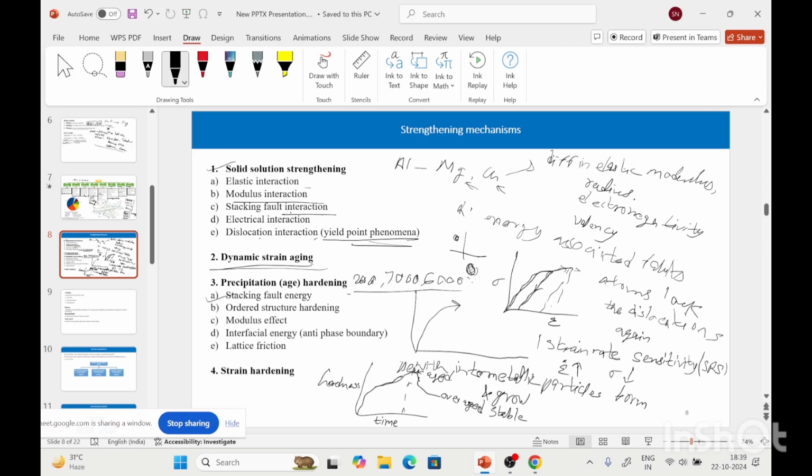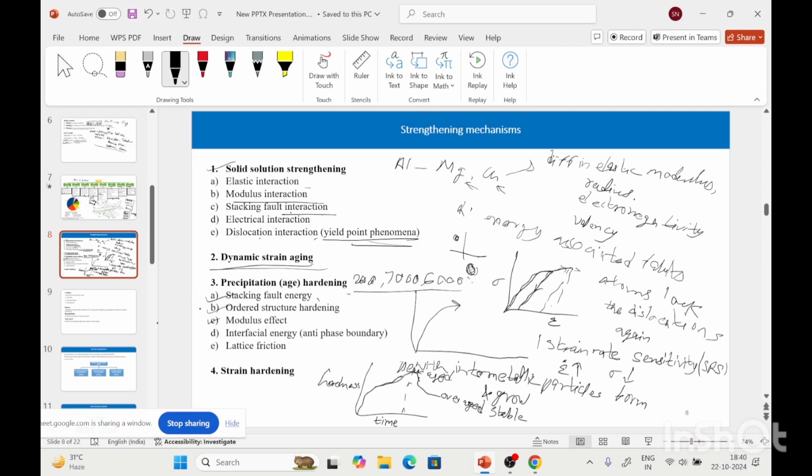So first is the stacking fault energy interaction, means the stacking fault energy between the intermetallic particle and aluminum matrix results in the strengthening. Then order structure hardening, means the intermetallic particle can have some ordered structure. So the ordering difference between the intermetallic and the aluminum matrix results in the hardening.